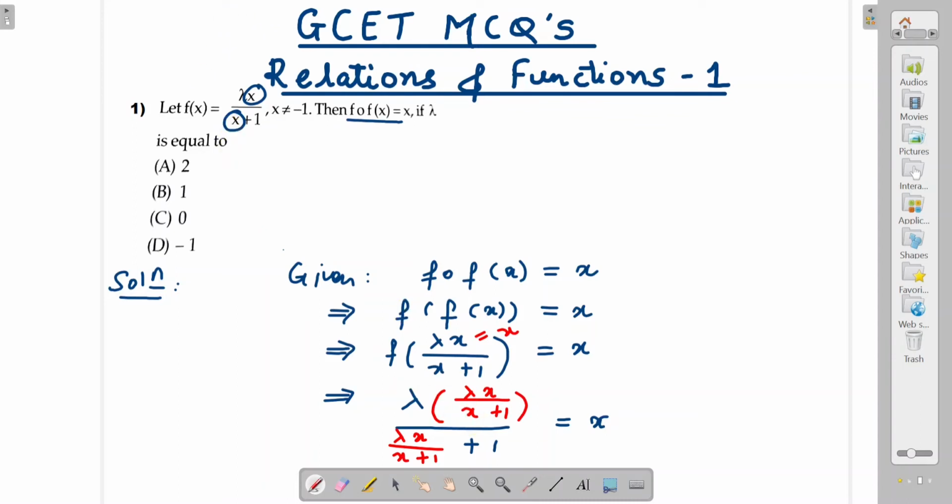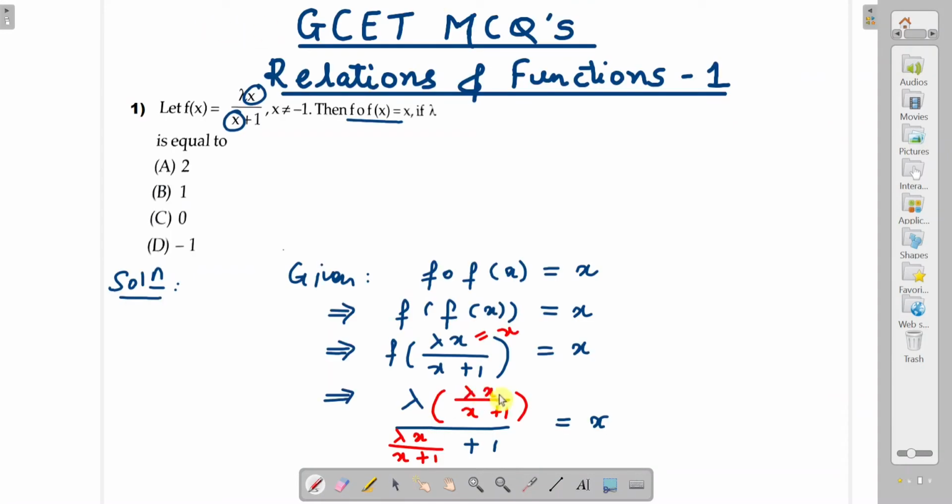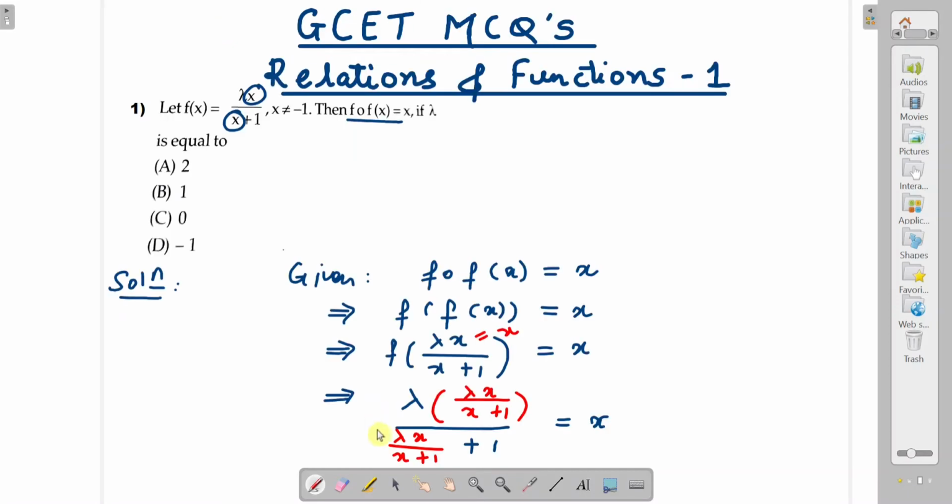Now we have to simplify this. So what you will get, if you multiply λ with this bracket, λ²x divided by x plus 1. So λ²x/(x+1) divided by, now here you have to take LCM. So here you have λx/(x+1) plus 1, LCM is x plus 1.